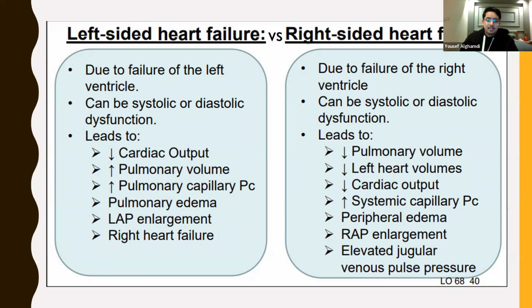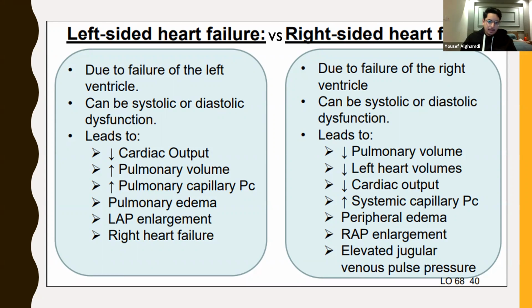Okay, and this leads to a decrease in pulmonary volume, a decrease in left heart volumes, a decrease in cardiac output, obviously, an increase in systemic, not pulmonary, capillary pressure, and you will have peripheral edema, like I said before, RAP enlargement, elevated jugular venous pressure.